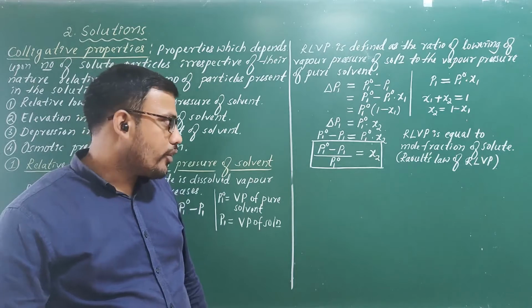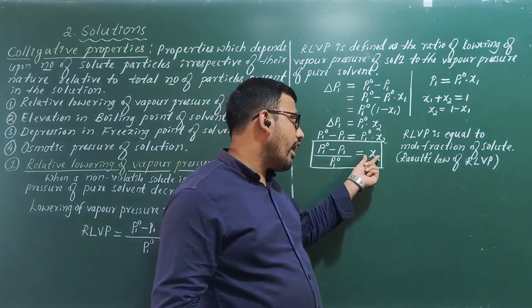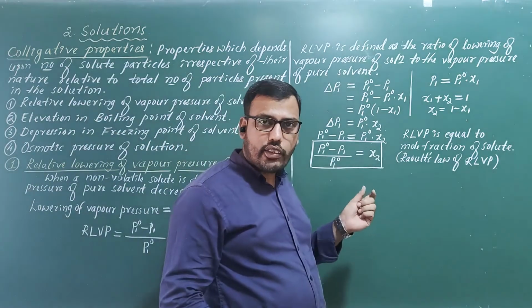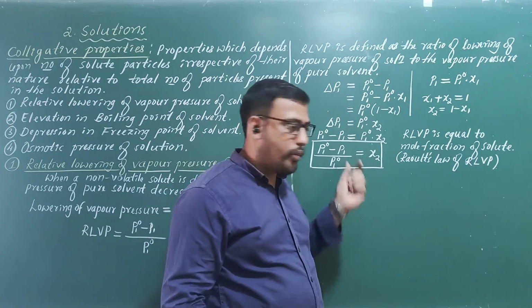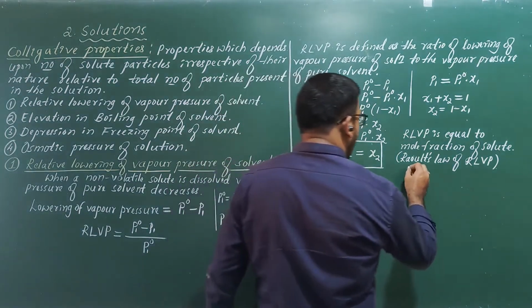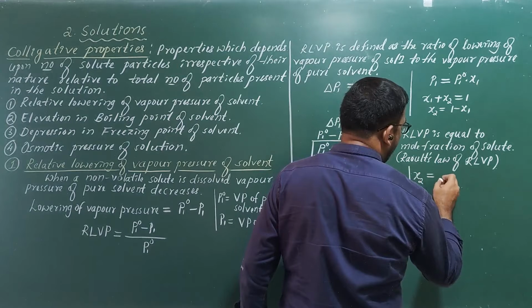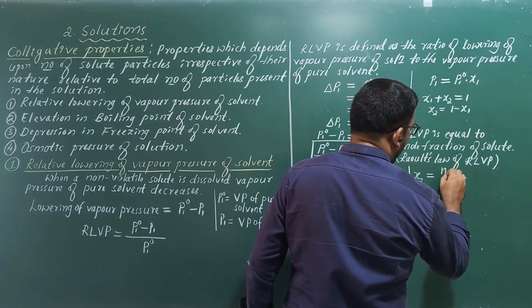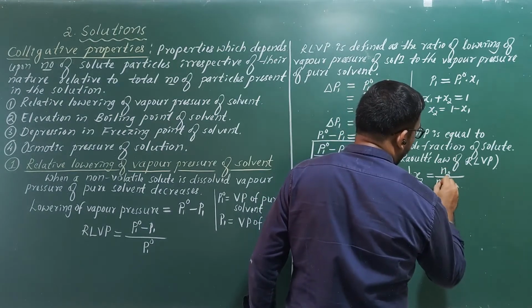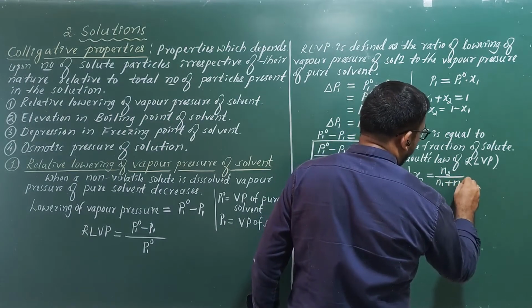So now let us substitute the value of x2. What is x2? Mole fraction of solute. We know that x2, the mole fraction of solute, is equal to the number of moles of solute N2 divided by N1 plus N2.